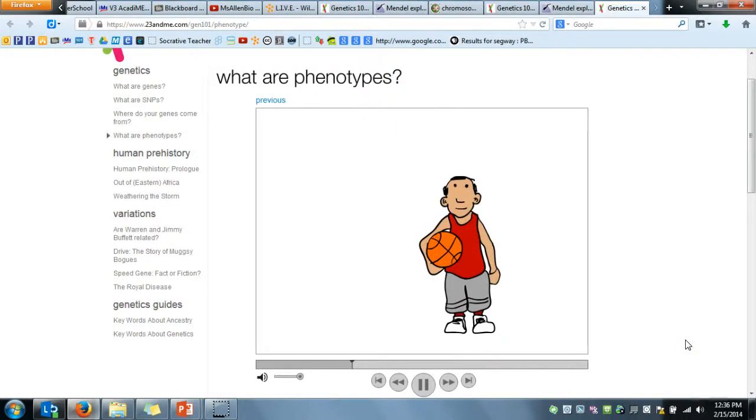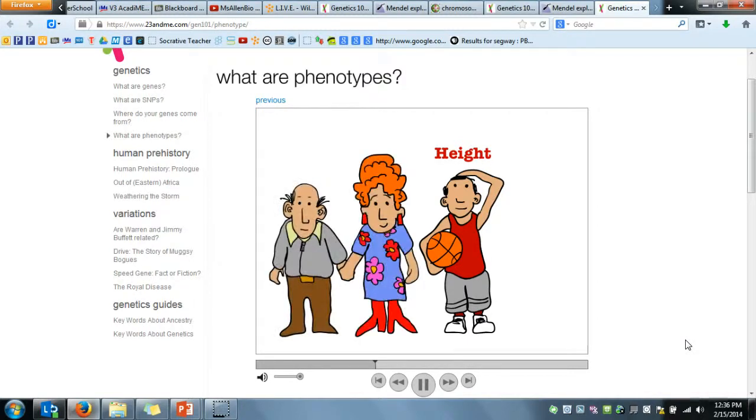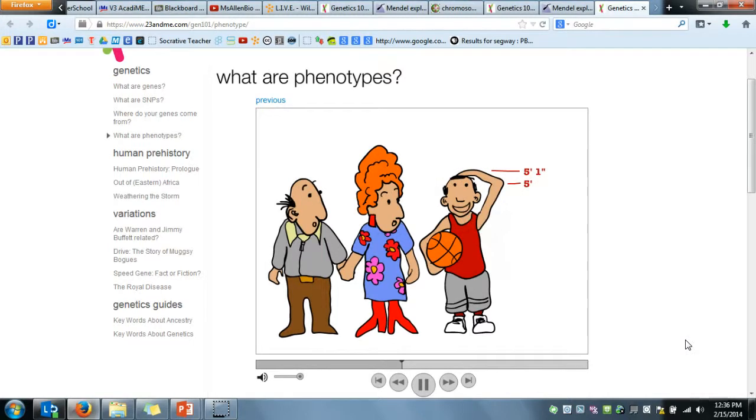Differences in some phenotypes, like height, are determined mostly by genes. If you have short parents and grandparents, you probably don't tower over your peers, though environmental factors like nutrition can have some effect on your height.